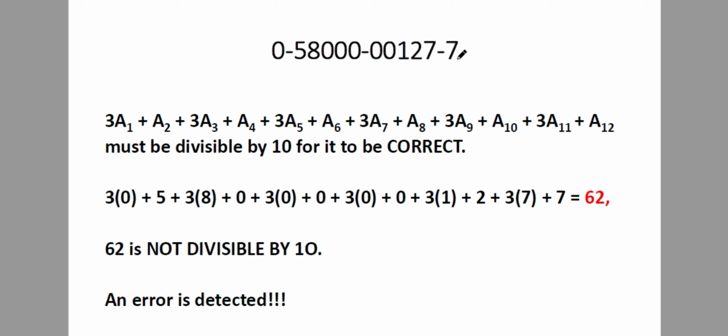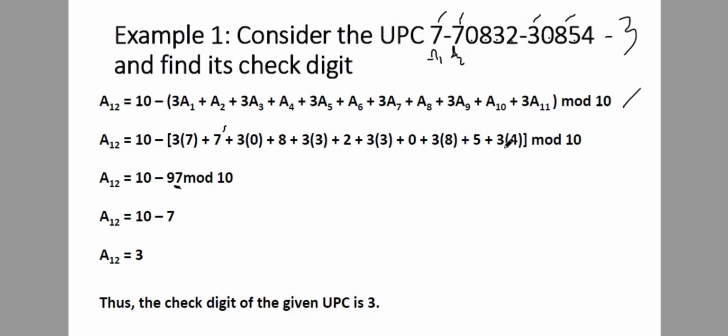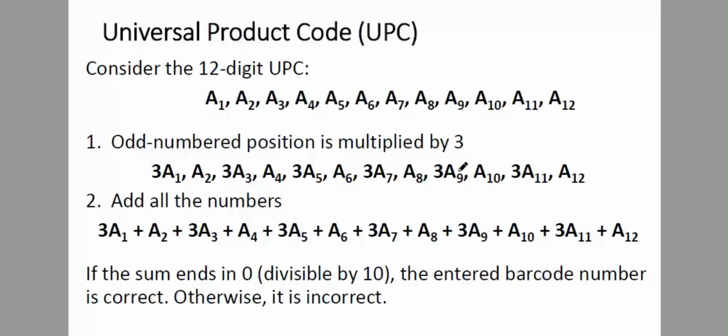Since this is a complete UPC, we only need to verify whether this expression here is divisible by 10 or not. Remember from our introduction, when we add this expression, the sum must end in 0 in order for it to be divisible by 10 and in order for it to be valid.